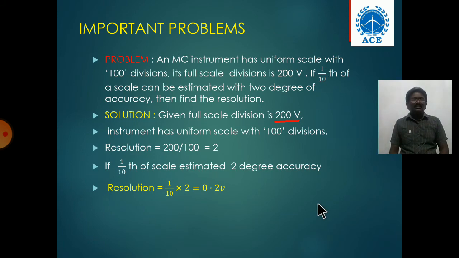Here we can observe two types of ohm meters. First one is the series type ohm meter, and the second one is the shunt type ohm meter. The series type ohm meter has two resistances and one PMMC meter.